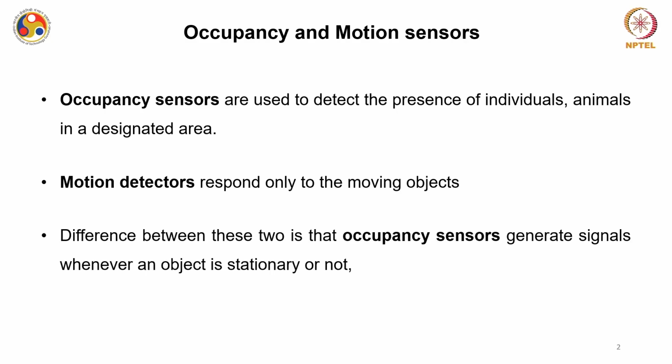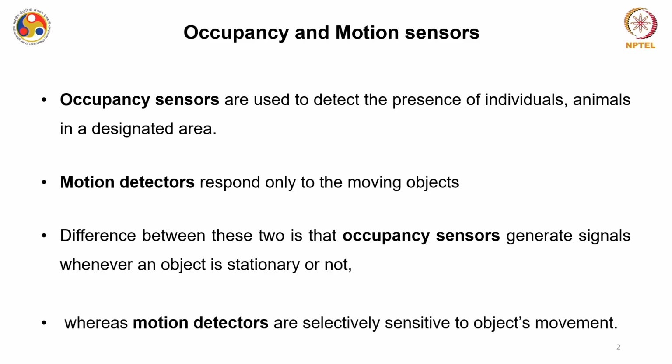So the difference is that an occupancy sensor generates signals whenever an object is stationary or moving in that specific area. However, a motion sensor or motion detector is selectively sensitive to the object which is under movement. I hope it is very clear how they are related and how they are different.